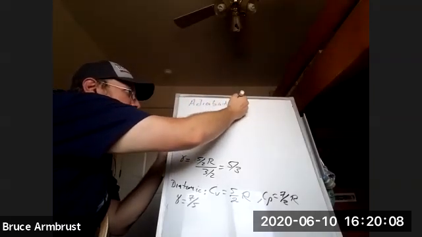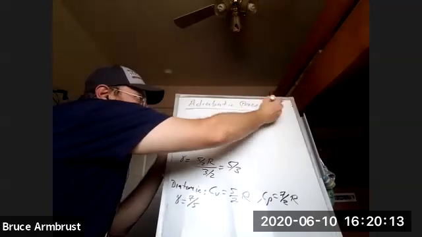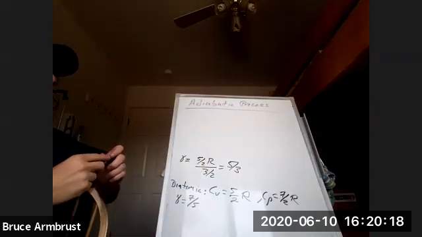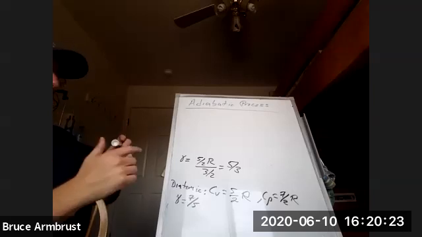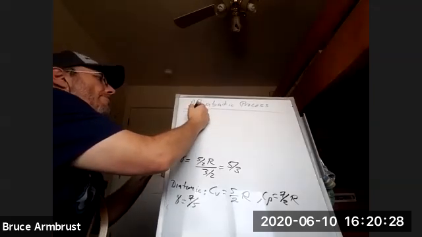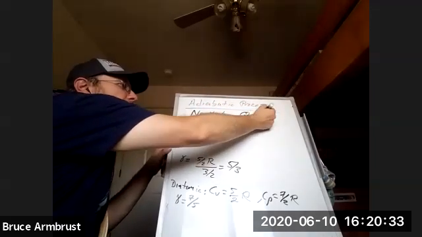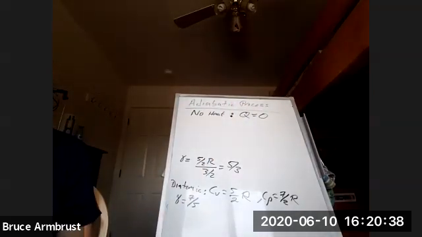This was the last one. And this one is harder to remember what it does because its naming isn't iso anything. But adiabatic, what this means is that there is no heat. So Q is equal to 0. In an adiabatic process, we don't have any heat put into the system.